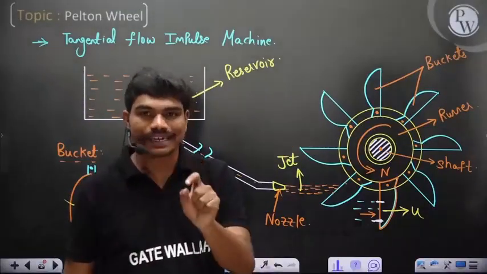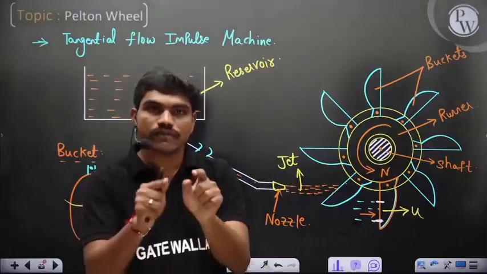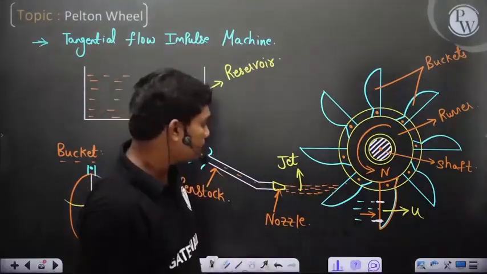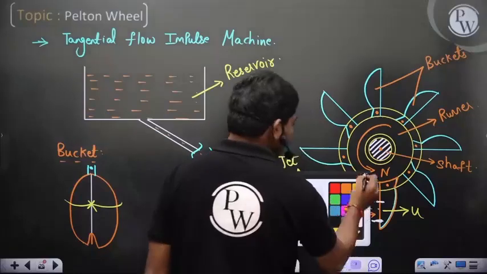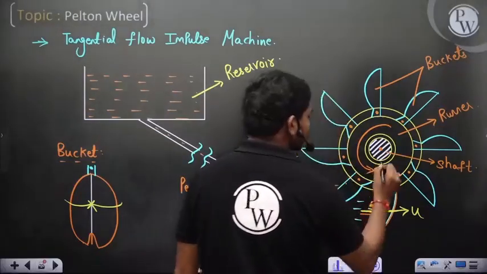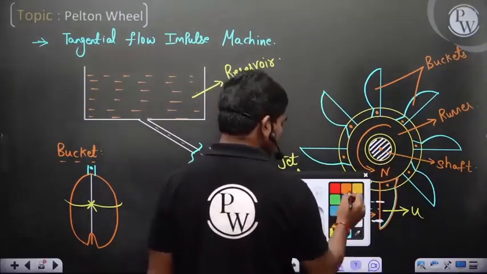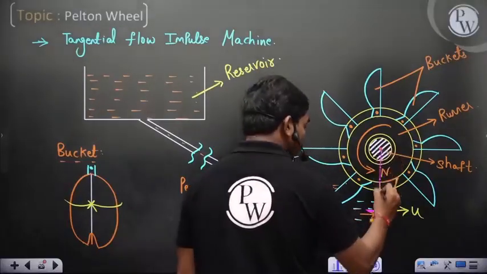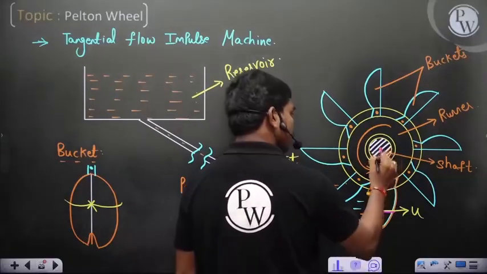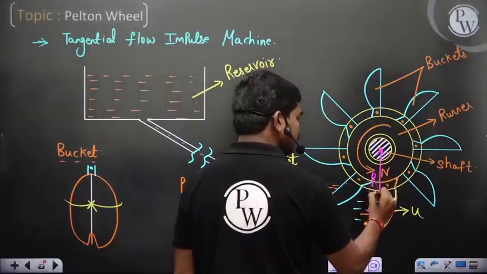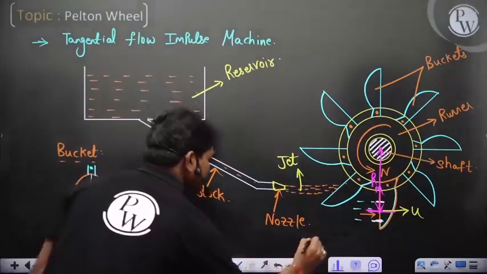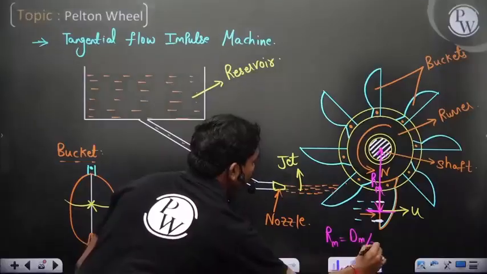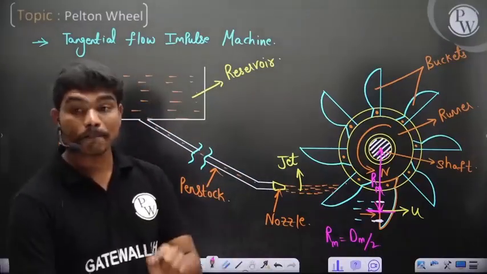But practically for calculation purposes, we assume the complete jet is hitting at some mean diameter. Let's say this is Rm somewhere here, so we call this Rm. Rm is equal to Dm by 2, where this Dm we take as the mean wheel diameter.